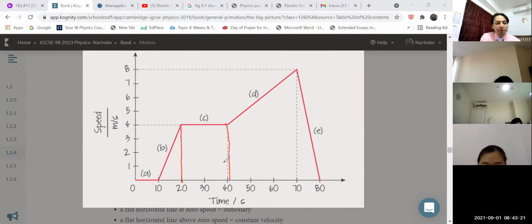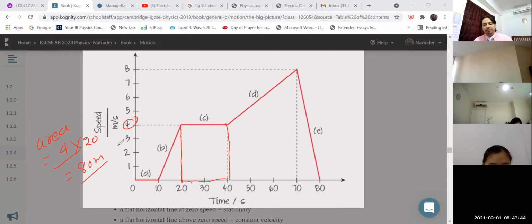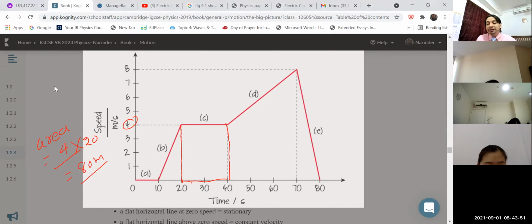I can find out that this area is a rectangle, and the area of a rectangle is given by length times breadth. One side is 4 minus 0, that is 4. And this side is 40 minus 20. Sorry, I have to multiply: 4 into 20, which is equal to 80 meter. So this is the answer. And what is this 80 meter actually? 80 meter is the distance traveled by the object.